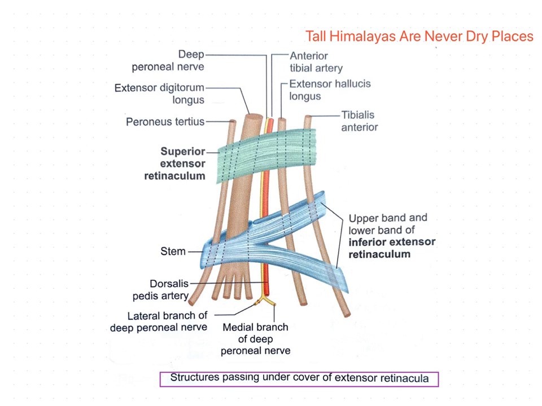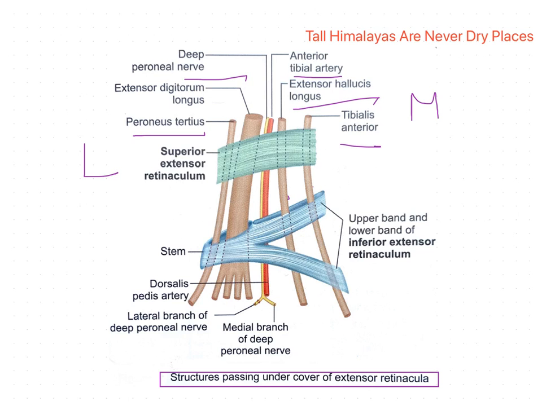We will see from the medial to the lateral side. The first one is the tibialis anterior tendon, and the next one is the tendon of extensor hallucis longus. After that we can see the anterior tibial artery and the deep peroneal nerve. Next is the extensor digitorum longus, and the final one is the peroneus tertius.